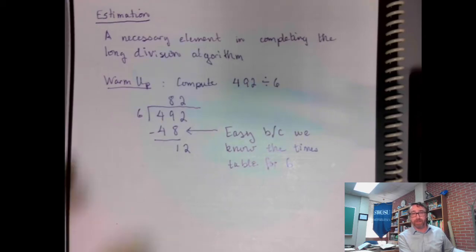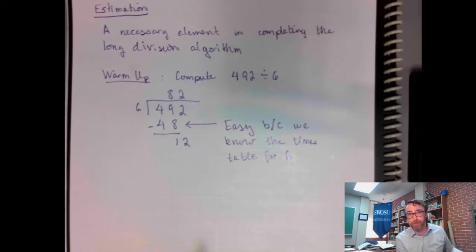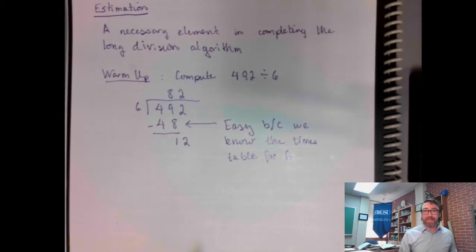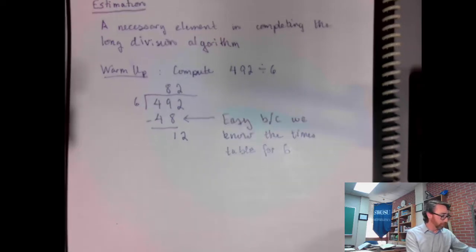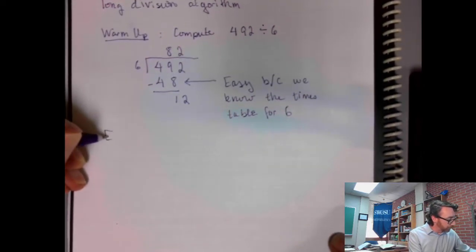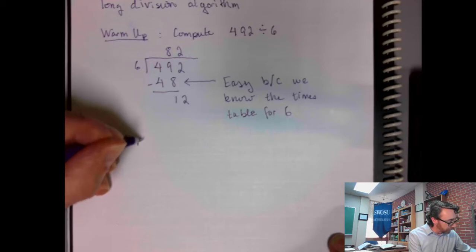That is typically not going to be the case when we have more digits in our divisor. Okay, so let's look at an actual example where estimation comes in handy.